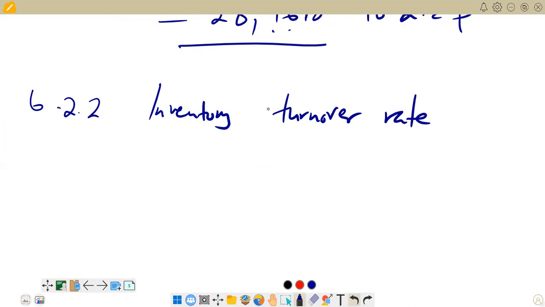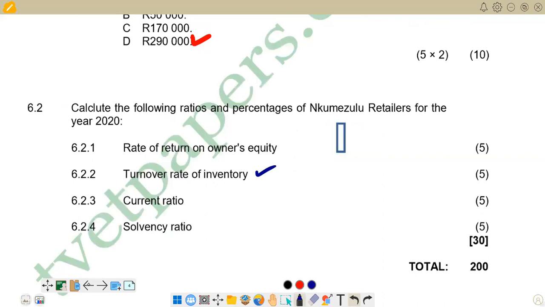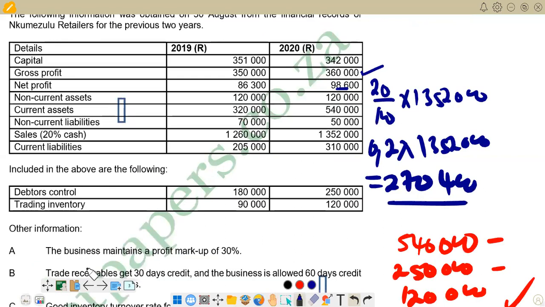Inventory turnover rate. So the formula is equal to cost of sales divided by average stock. So we are going to look for those figures again in the question. For cost of sales and for average stock also we look for the figures, but for average obviously we are adding and then dividing to get the average.